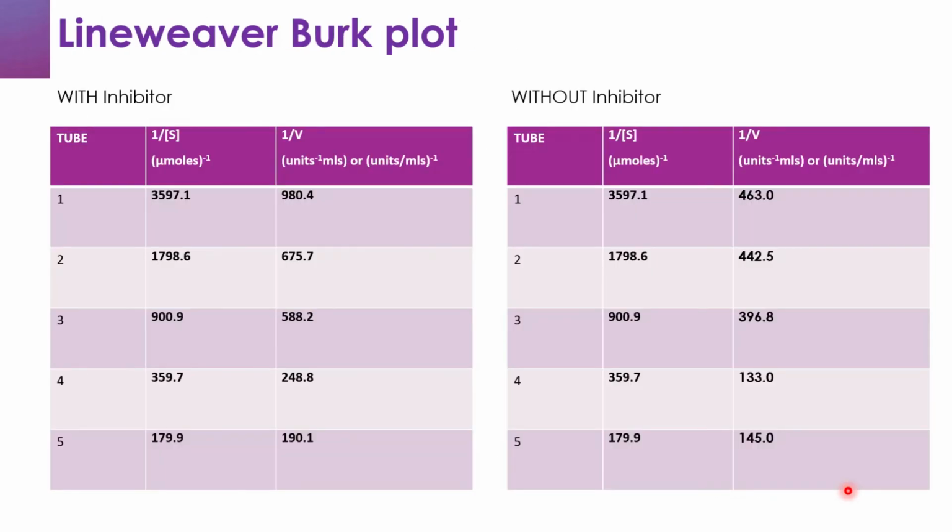So this is just a table showing the 1 over the substrate concentration values and the 1 over the V values for the two reactions. The first table shows the values for the reaction in the presence of an inhibitor, and the second table also shows the 1 over S and the 1 over V values for the reaction in the absence of an inhibitor.